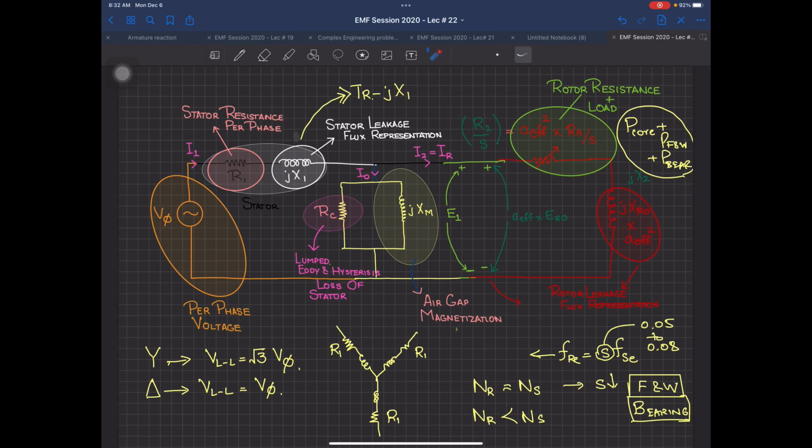Why? Because the air gap reluctance is on the higher side. So the corresponding LM will be on the smaller side, so 2 pi f LM, which is equal to XM, will be a smaller quantity. So this branch is going to take a little larger value of current as compared to its transformer counterpart.